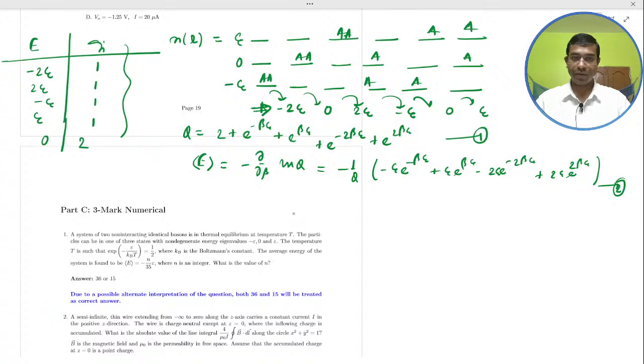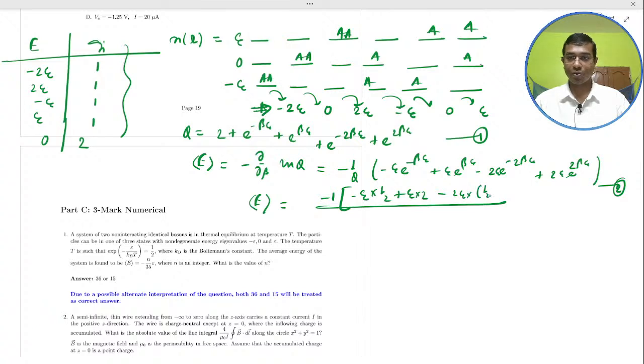Therefore, equation 2 can be written in the form E average equals minus 1 by Q. Put this value: minus epsilon into half plus epsilon into 2 minus twice epsilon into half whole square plus twice epsilon into 2 whole square. And the denominator: 2 plus half plus 2 by 1 plus 1 by 4 plus 4 by 1.